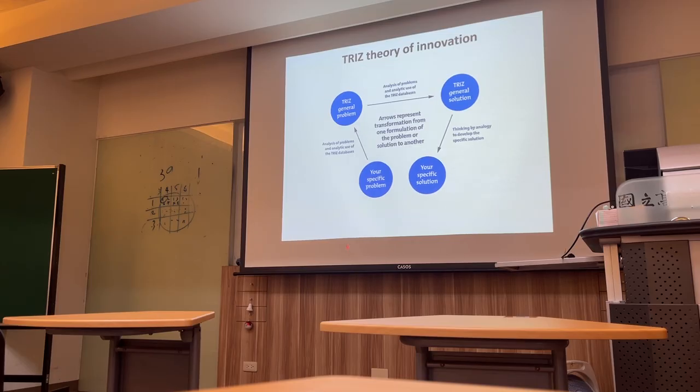Okay, you have your specific problem, and then you use the TRIZ database, which means 39 parameters. Here you need to identify what needs to be increased or improved, and what needs to be decreased or removed.